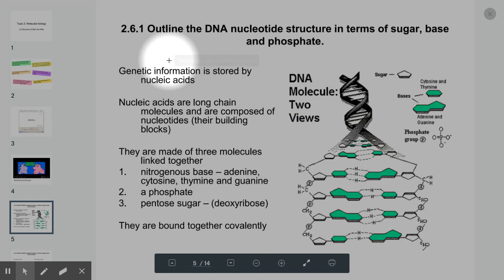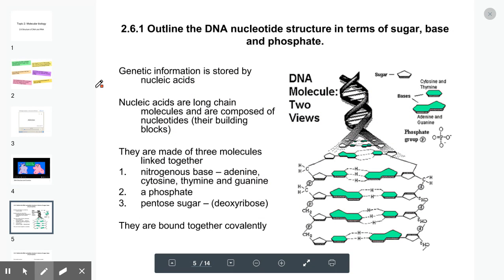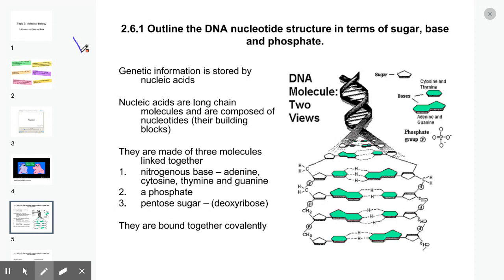So let's begin with this. I want you to remember that when we're talking about DNA, we're talking about the genetic material, and the genetic material you're very familiar with is probably a chromosome, right? And there's many different ways you can draw a chromosome.